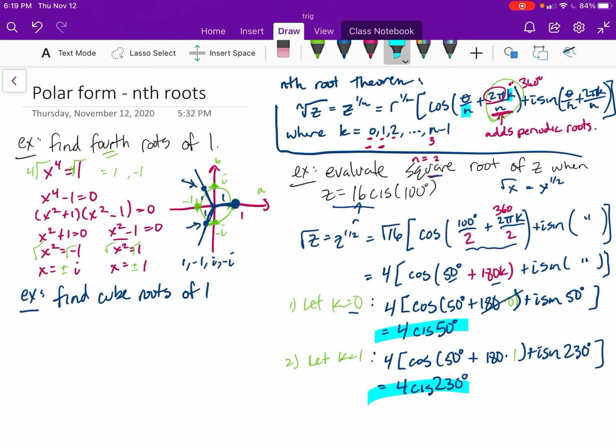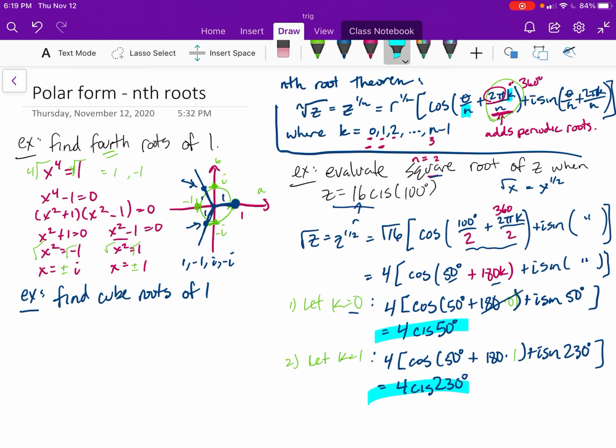All right, cube roots of 1. Let's start this from scratch rather than trying to visualize and get a graph of it, though we could do it that way. Let's write it in polar form and then apply the formula.